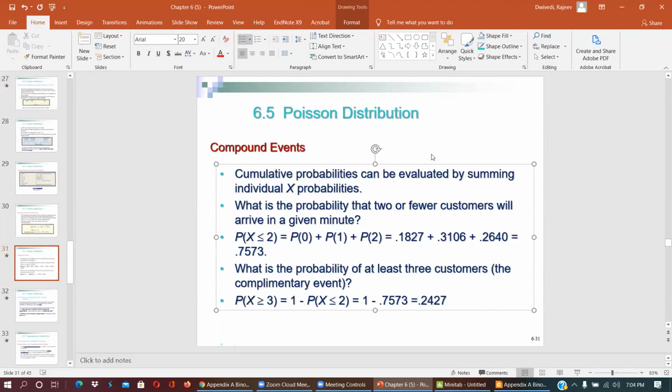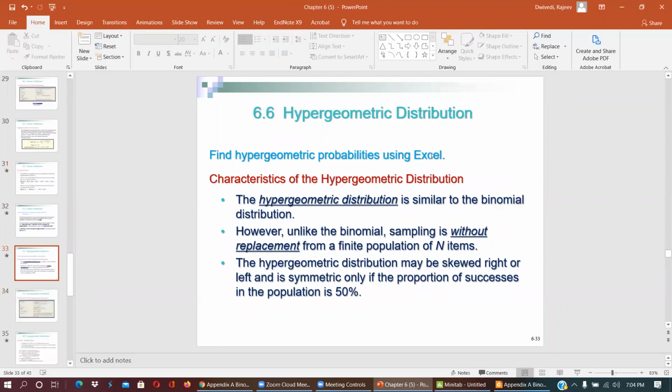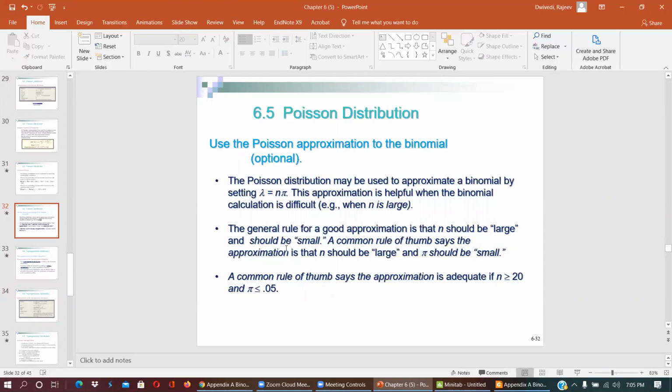So this is a Poisson distribution. And this is also a rule that you can remember. Use the Poisson approximation to binomial.